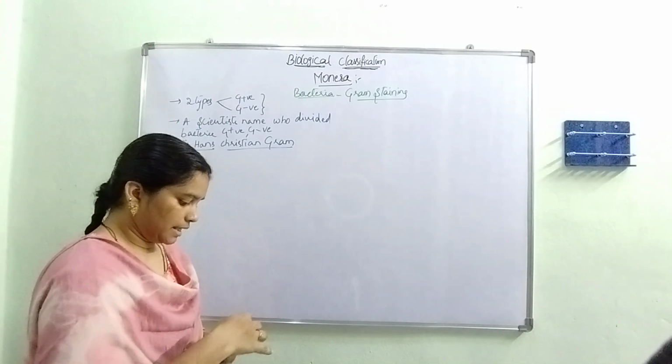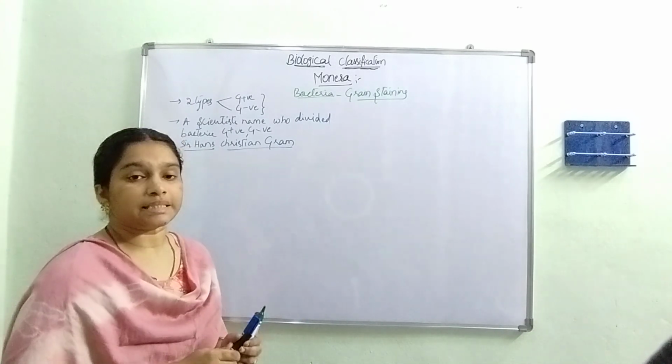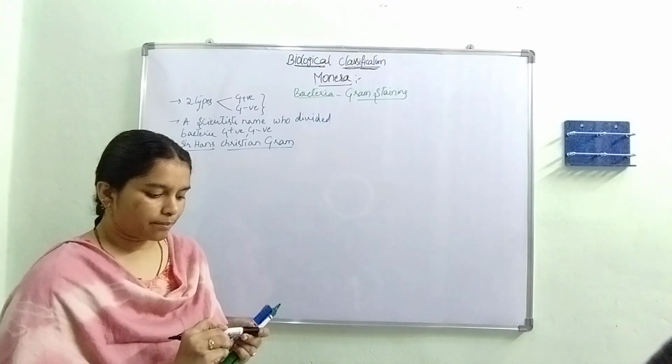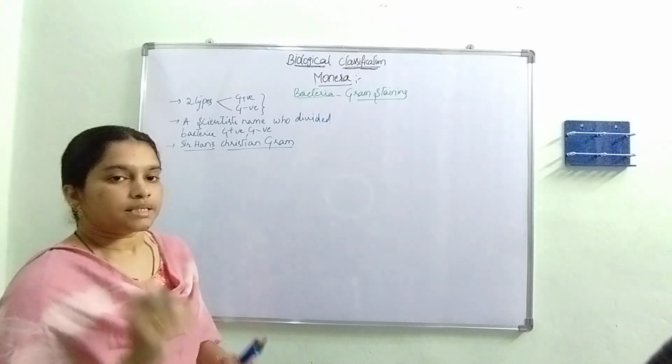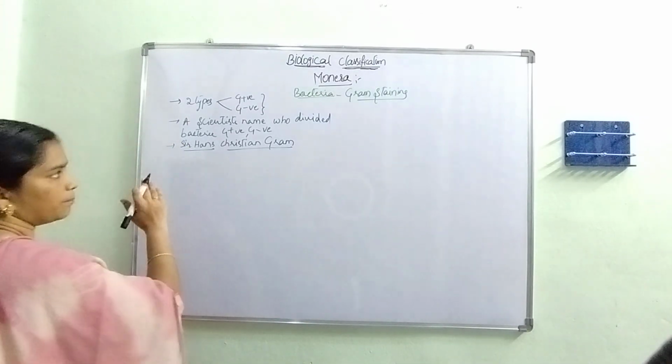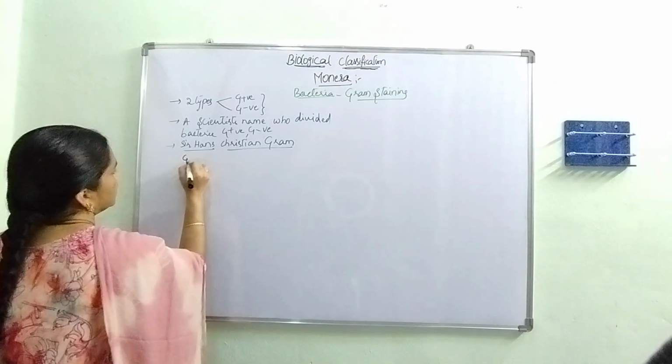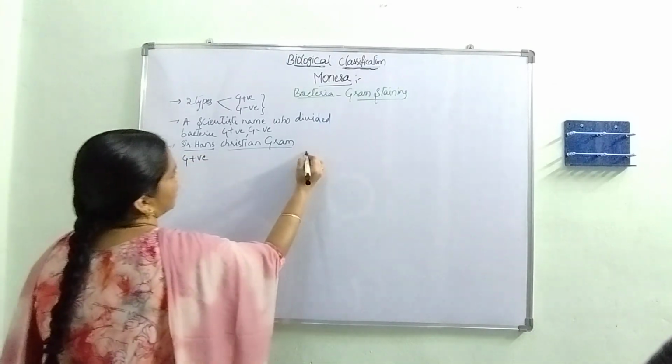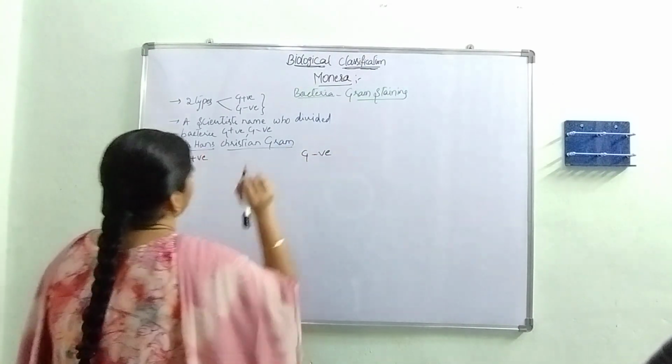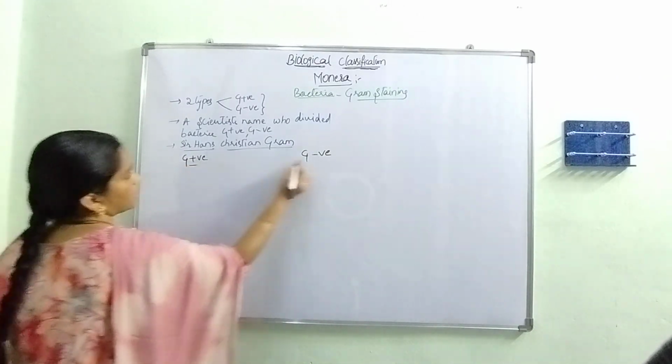Now let's see what is gram positive and gram negative in the structures of these bacteria. These are gram positive and these are gram negative ones. This is the cellular structure.